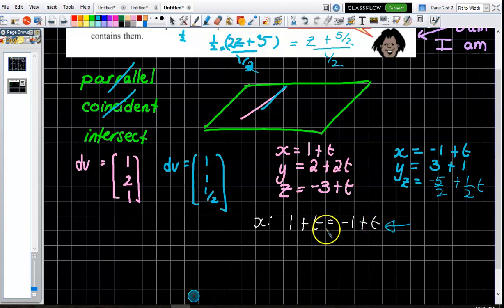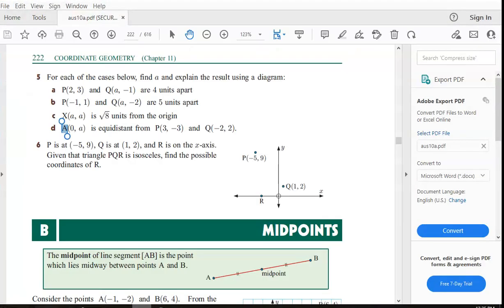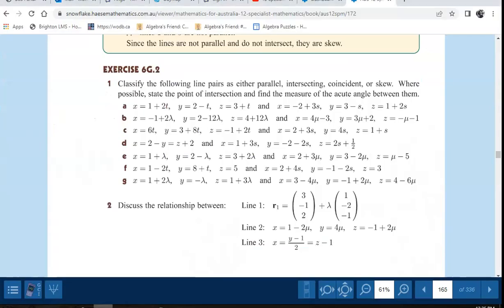Because if you were solving this, the t's would cancel and I've got 1 equals minus 1 and that doesn't make sense. And you go, hang on, these are two different equations of lines, and so I was very naughty, I should have had different variables. If we go back, I wouldn't have done that if I had been following my example nicely. You can see you've got the 2 variables.